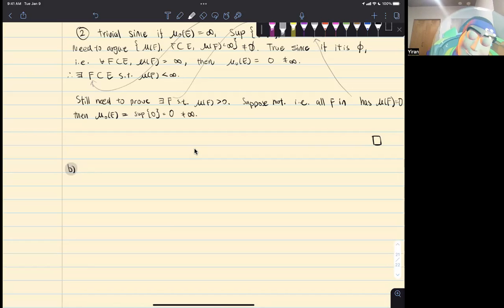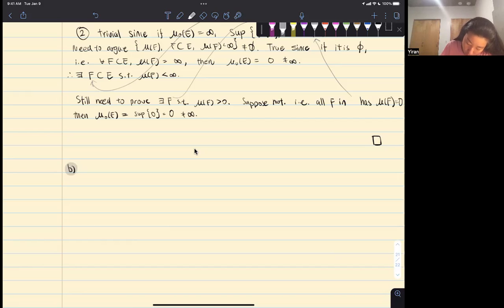Notice that if E is sigma finite, then actually mu of E is equal to mu naught of E. Why?